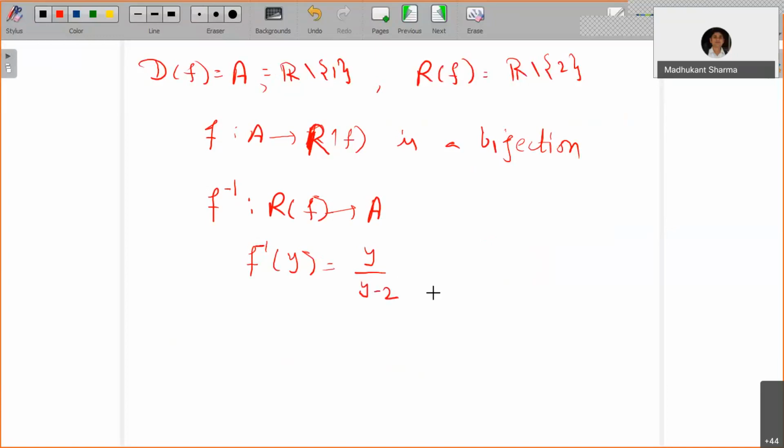Just now we have derived it. In the same way, we are going to derive the inverse image of this. So the inverse of the function is identified here for this particular function.